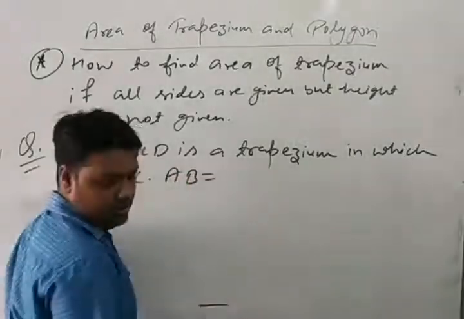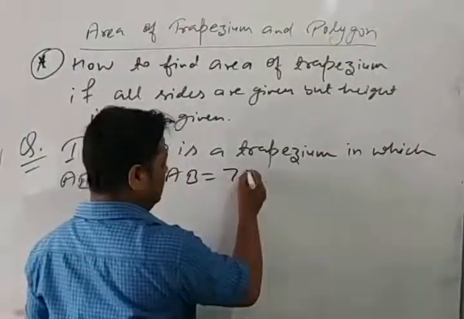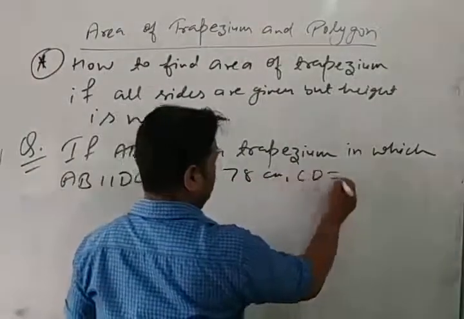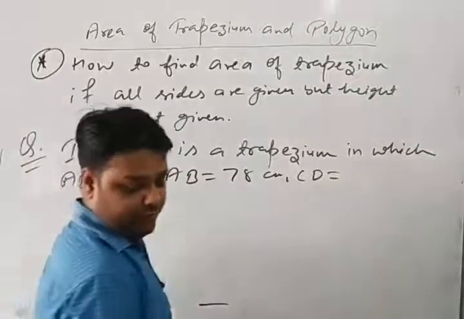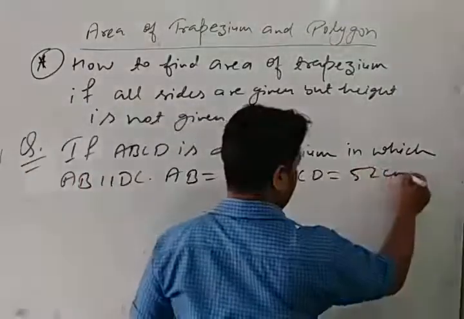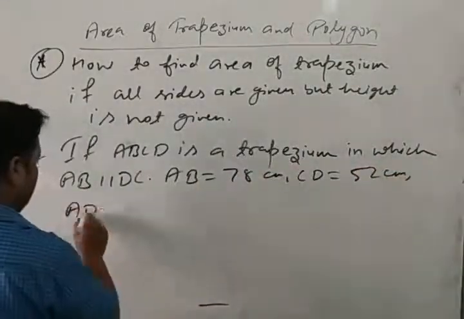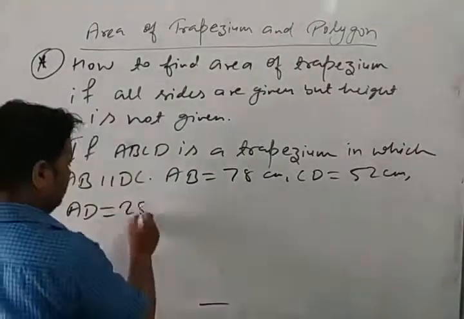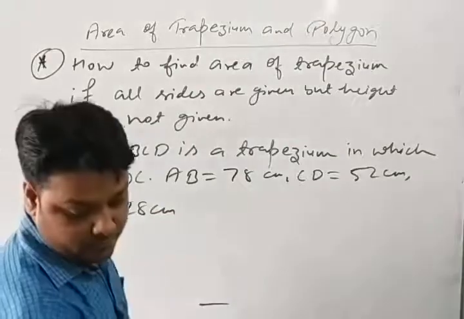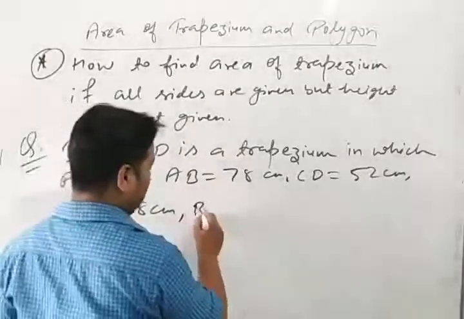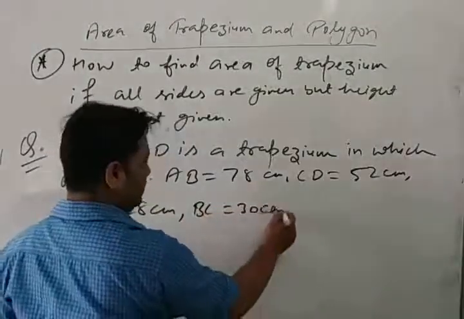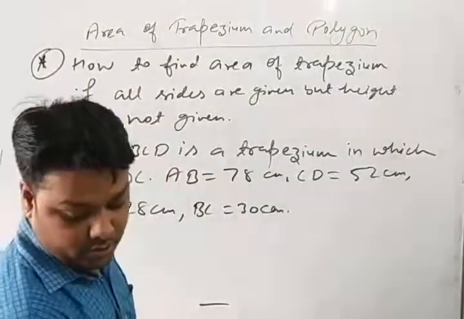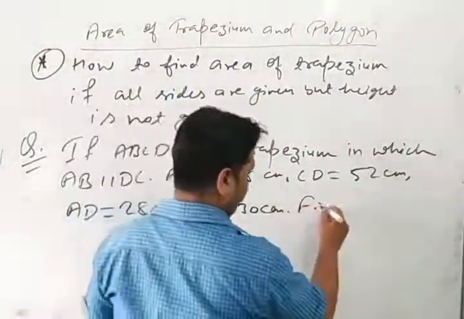AB is 78 centimeter, CD is 52 centimeter, AD is 28 centimeter, BC is 30 centimeter. Now we have to find the area of the trapezium.